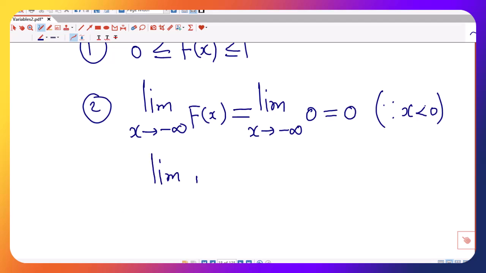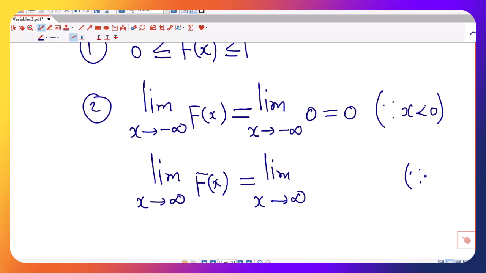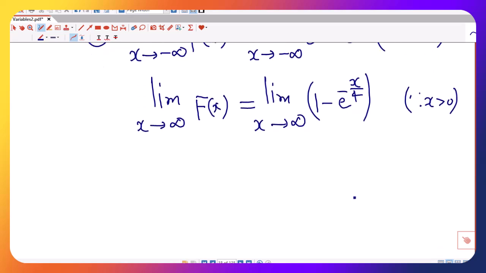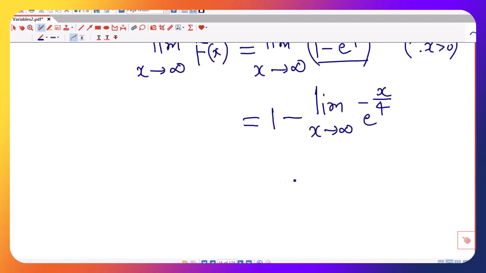And we have to check limit of F(x) as x approaching infinity also. If x is approaching infinity, that means x is positive, and if x is non-negative, CDF is defined as 1 minus e raised to minus x by 4. Now if I consider limit here, limit of 1 is 1 because 1 is independent of x, and this we can rewrite as limit of e to the power minus x by 4 as x tending to infinity.